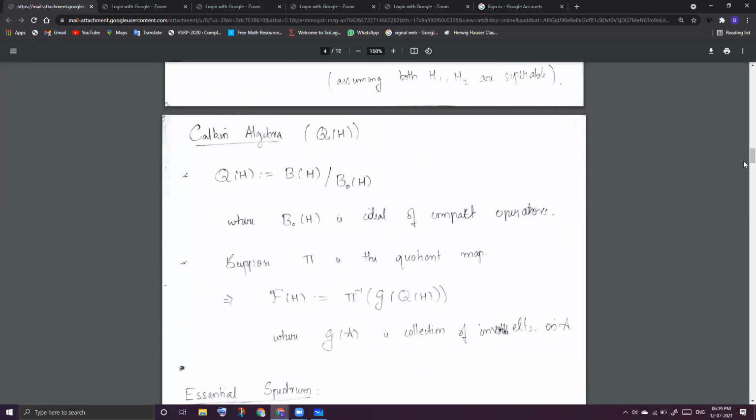So now I'm defining something called the Calkin algebra. I had mentioned a Fredholm operator is something that is invertible up to a compact operator. So what we do is we quotient the collection of operators on H by the compact operators on H. This quotient is called the Calkin algebra.